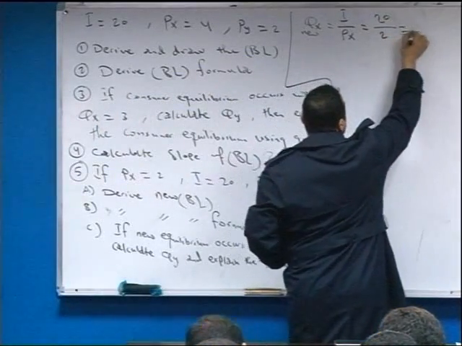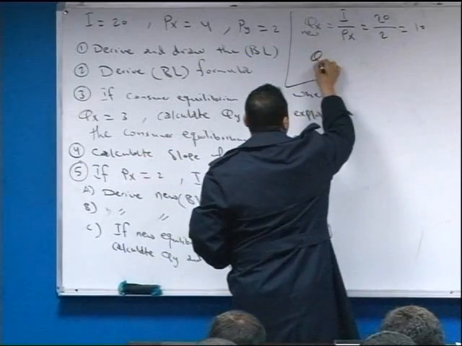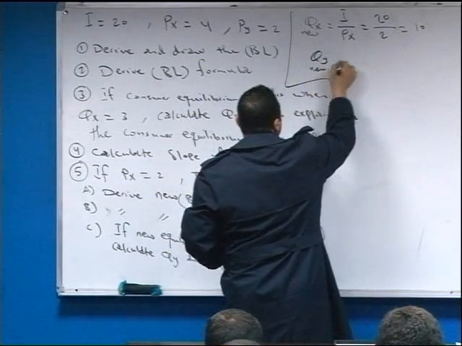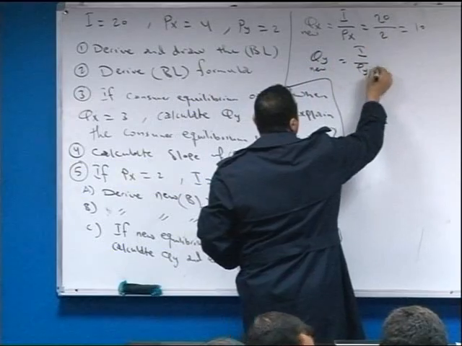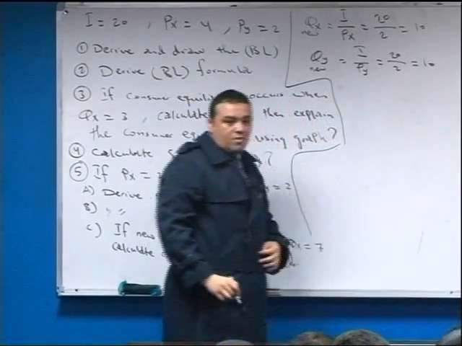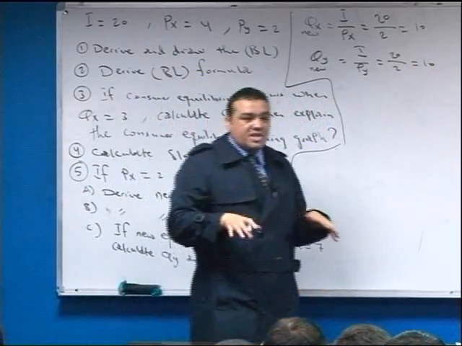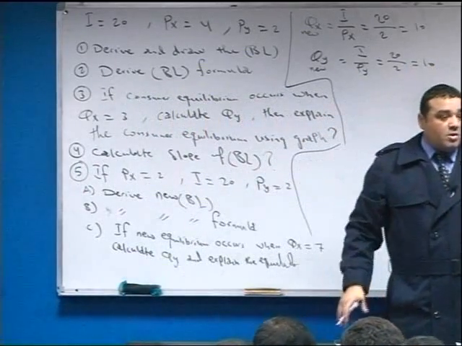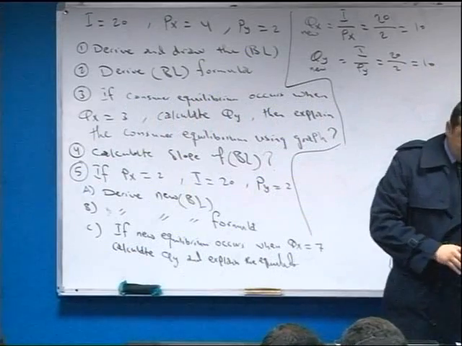So 20 over 2 equals 10. The new Qy equals I over Py, 20 over 2. There is no change in the Qy, because there is no change in the price of Y or the consumer income.